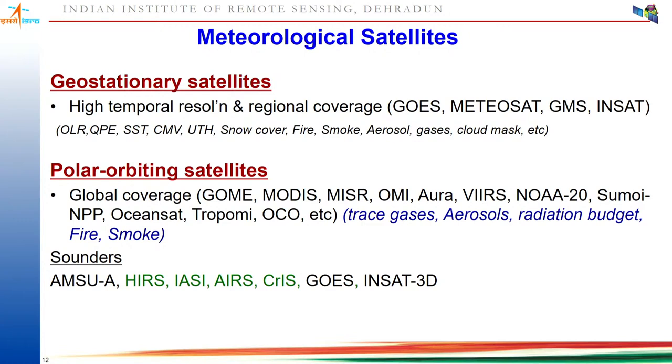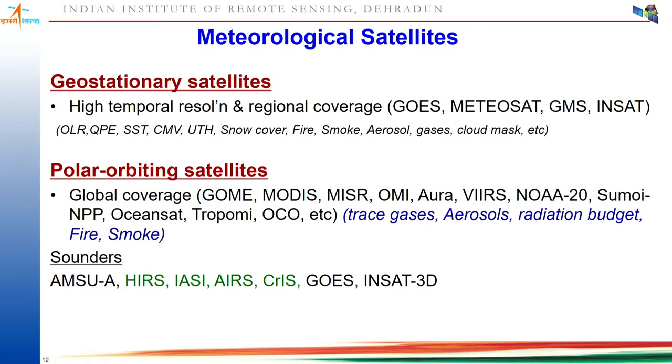We have different satellites: the US satellites, Meteosat from Europe, the Japanese geostationary meteorological satellite, Japanese GMS, and our Indian INSAT satellite. From this 36,000 kilometers, the temporal resolution is very high. That is, every half an hour to 15 minutes, we get information over different parameters, which we have discussed earlier.